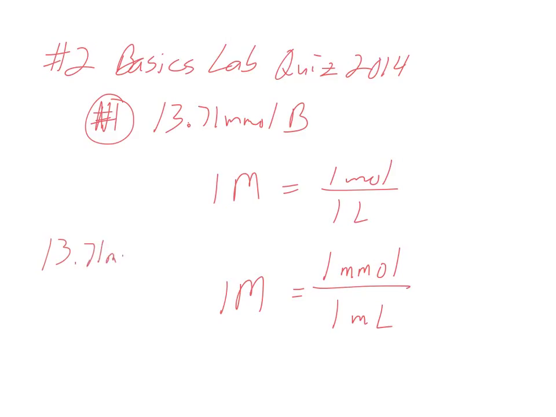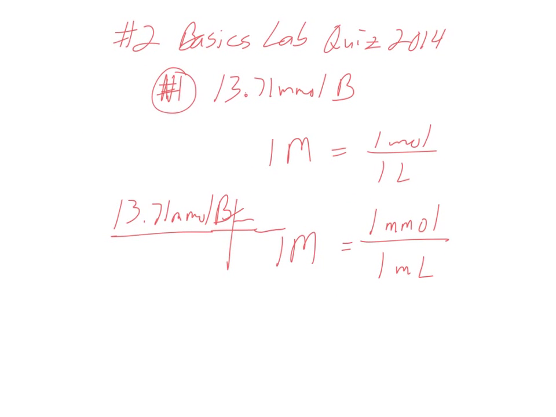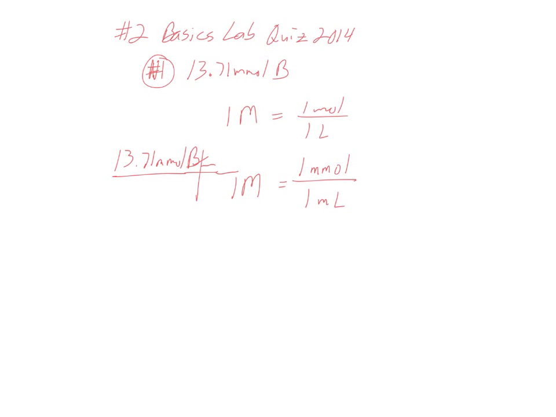13.71 millimoles of B, and I'm just going to erase this quick, maybe not. Not going to let me? It's fine. I'm going to shrink it down and redraw it.